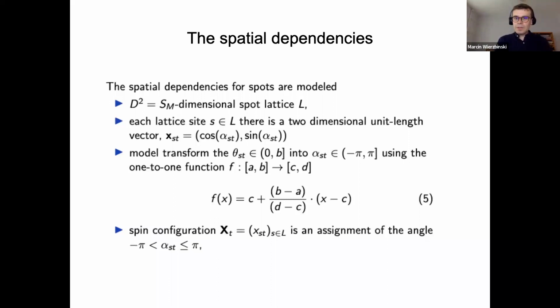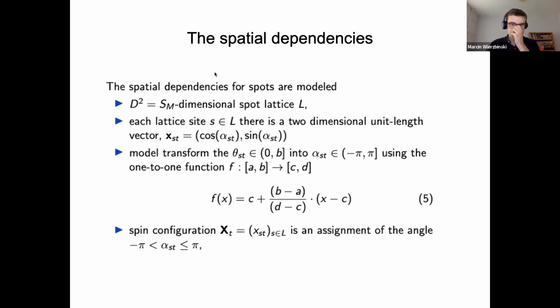So the alpha st means the angle for our variable. We can think of it as the angle of a spin between two vectors, and we want to parameterize these vectors as follows. It's useful because we want to flip the vector to have similarity between two vectors.